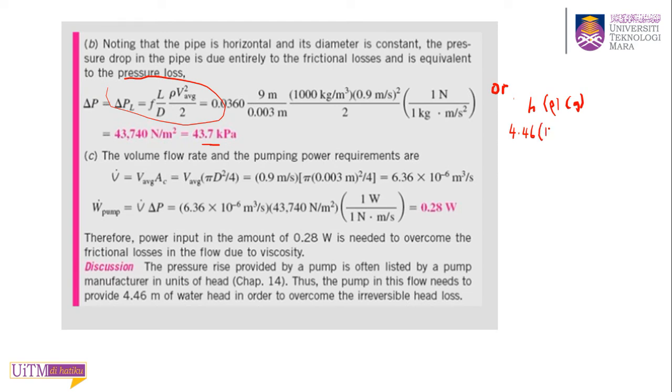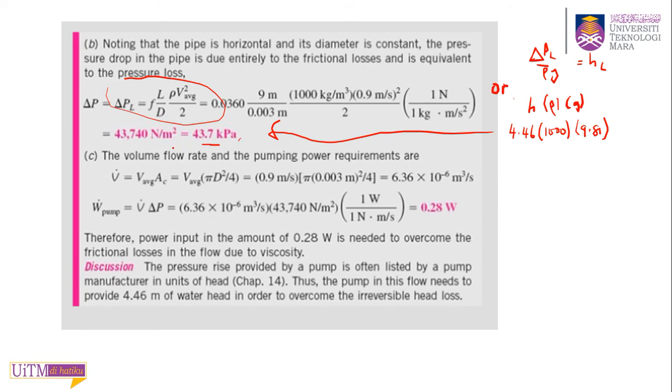So you can use this equation, or you can just simply multiply by rho g, because we know delta PL over rho g will equal HL. Okay, that's settled for number 2.